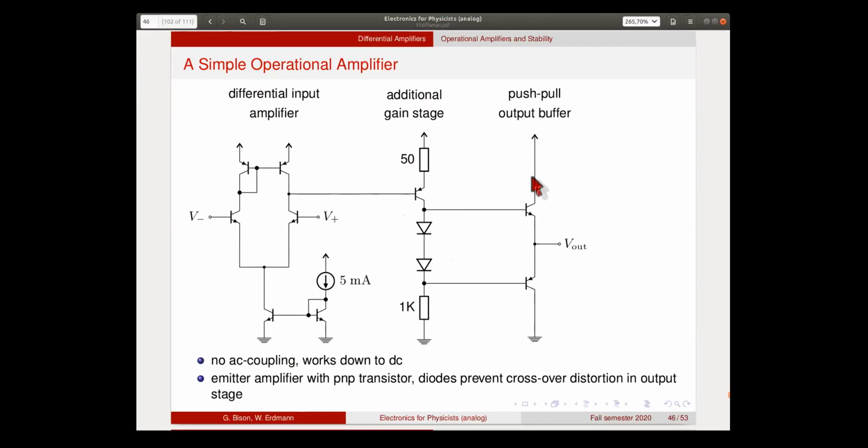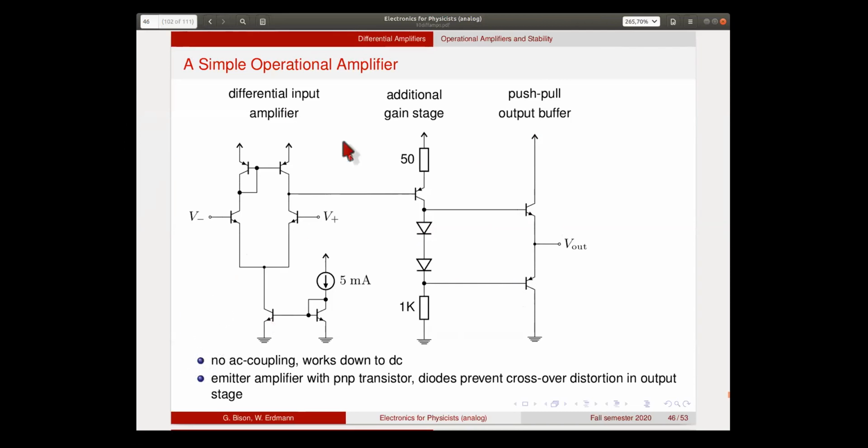And here we have our push-pull output buffer. In order to avoid the crossover distortion, we added these two diodes here to make sure that one of them is always on. So maybe you remember this from the push-pull stage. So this is a very simple but in principle functional operational amplifier.